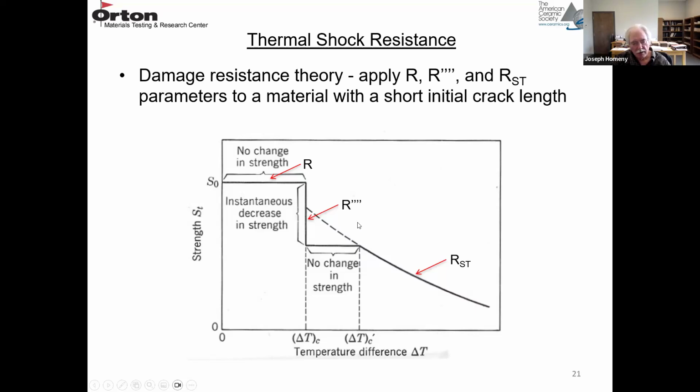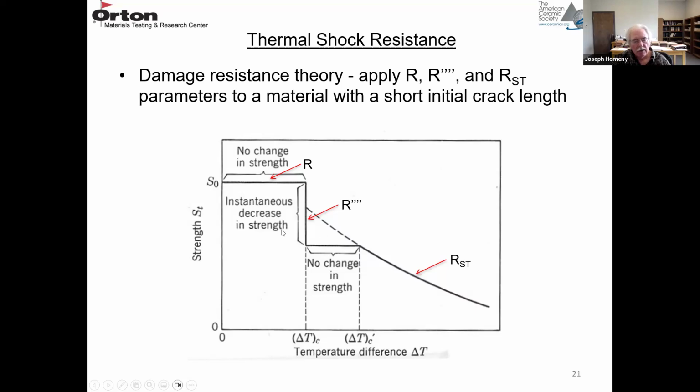Then R4 prime takes over in this region here. There's no change in strength, but when we reach another delta T that's critical, delta T critical prime, we then have a gradual strength loss taking place. That's RST in this region.